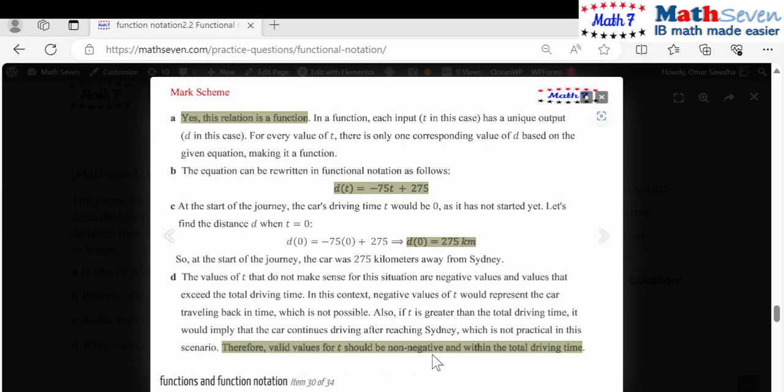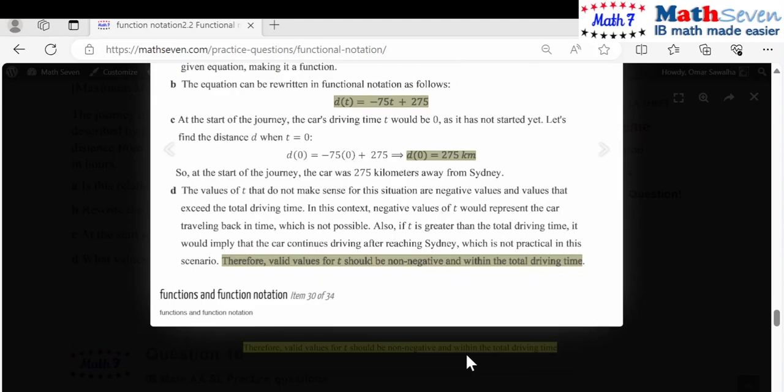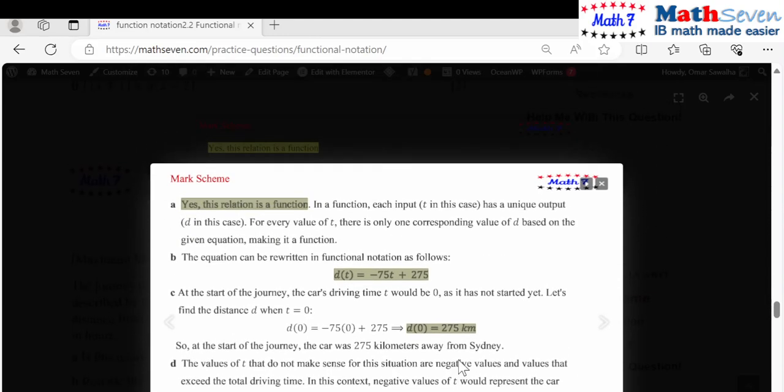Time cannot be negative, and time after 3.6 repeating, which is 11 divided by 3, doesn't make any sense.